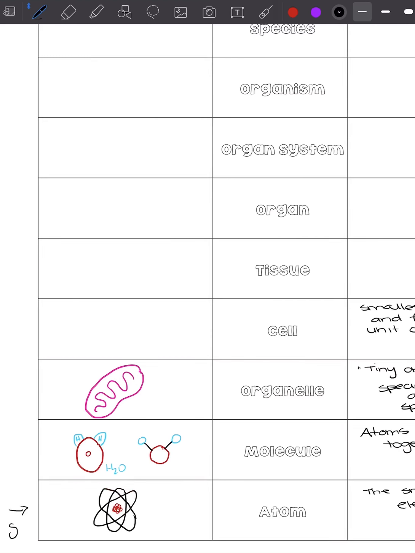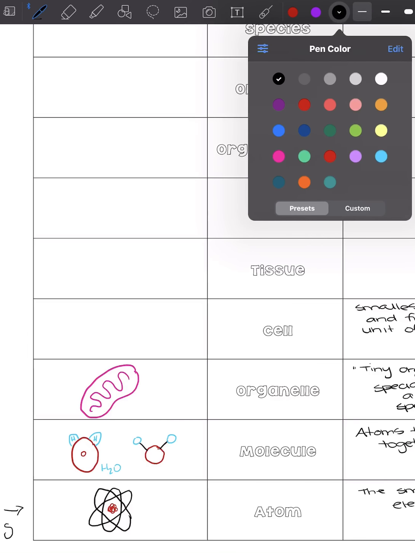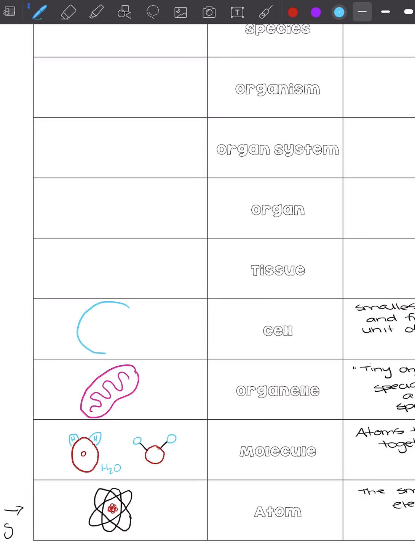Definition of a cell: it is the smallest unit of structure and function. The basic unit of life. And what am I going to draw for that? I'm going to draw a circle.